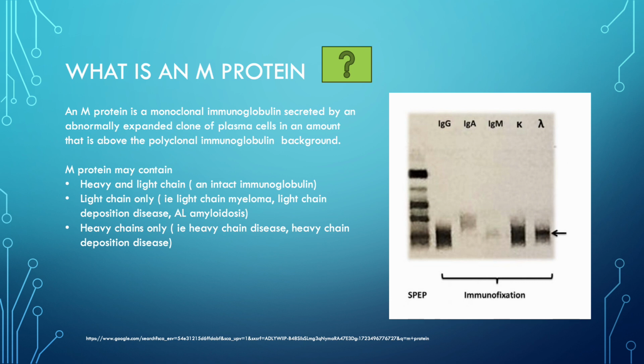It can be only light chain, as the name indicates, like light chain myeloma, where there's an increase of light chain only, or light chain deposition disease, or AL amyloidosis, which consists of light chains only. Then we have heavy chain only diseases, which can include heavy chain disease, for example, heavy chain deposition disease.